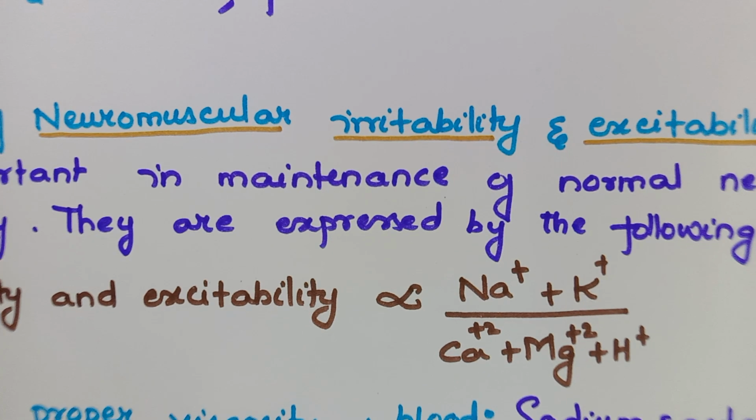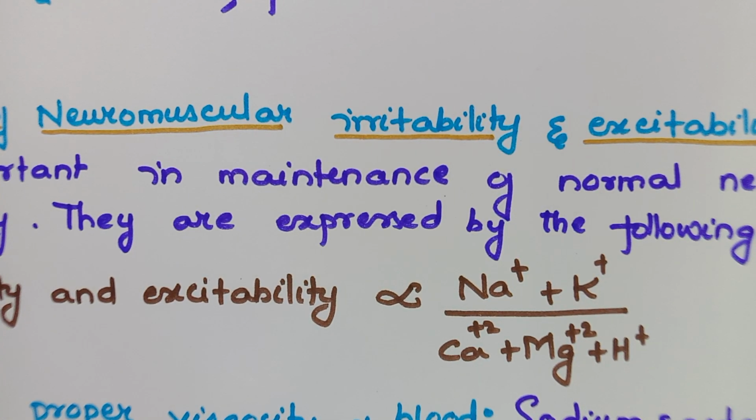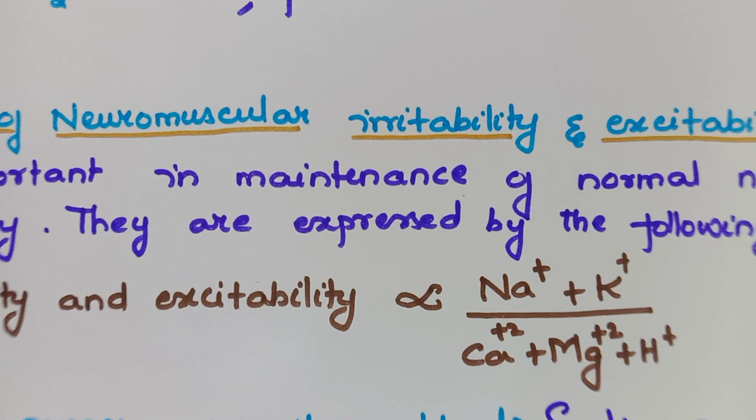You can see it is directly proportional to Na+ and K+, whereas in the denominator, Ca2+, Mg2+ and H+ are against. These ions are against. Only Na+ and K+, sodium and potassium ions, are helping in the maintenance of neuromuscular irritability and excitability. So, written the expression, students.